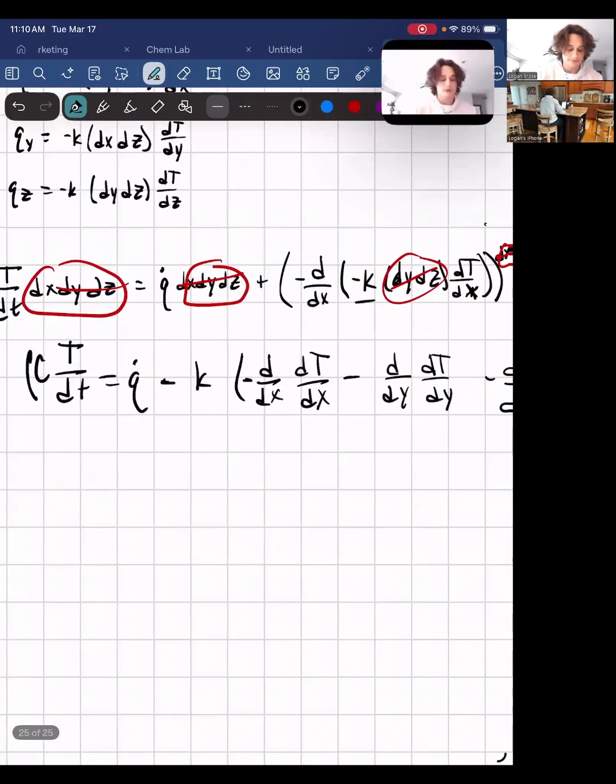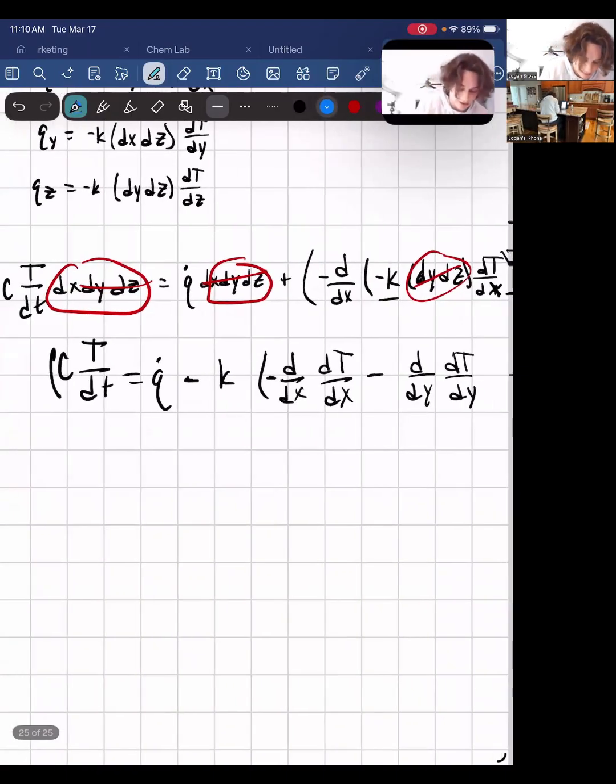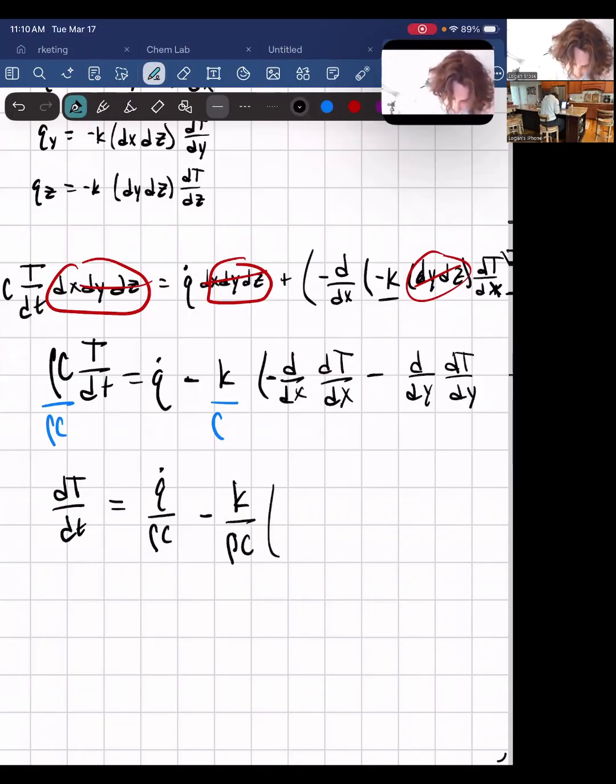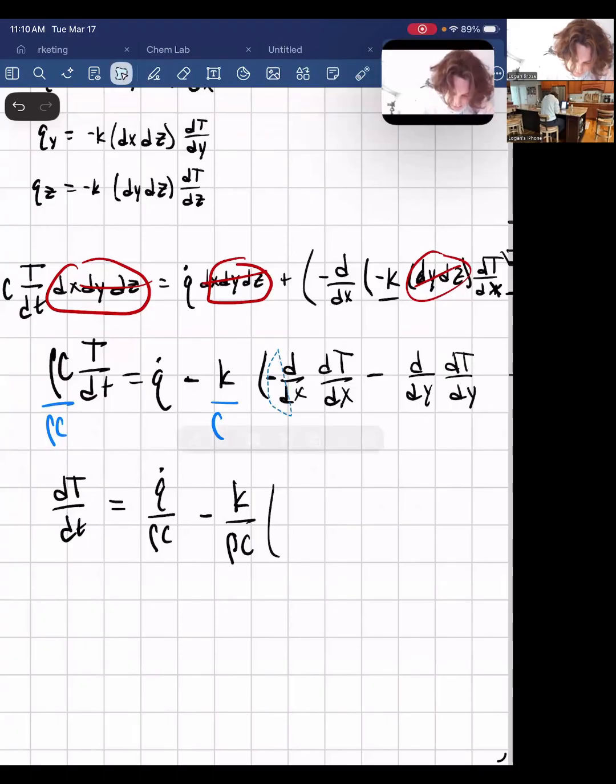And so what we're going to do here is divide out our rho c, because our goal here is to get to our dT/dt, that's our change in temperature over our change in time. And when we divide out, we get q over rho c, then minus k over rho c times our term here, which I will just copy down.